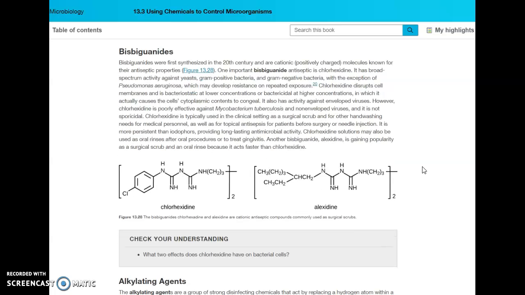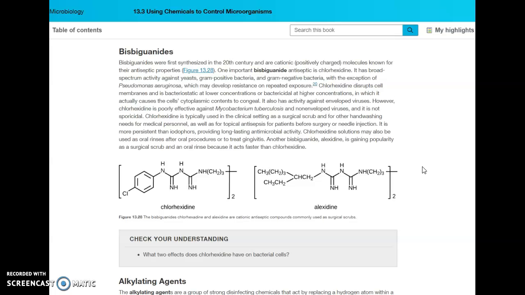Another group of chemicals that we can use are the biguanides. Chlorhexidine is an example of a biguanide. These were synthesized about 100 years ago. They're cationic, or positively charged.